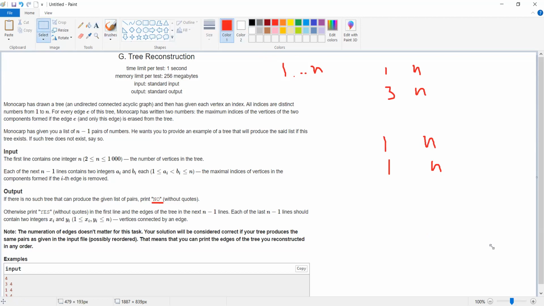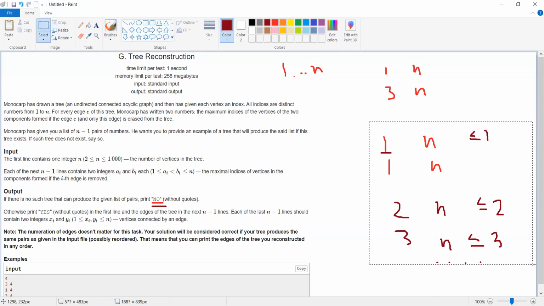It means that each number must appear no more than itself. So 1 must appear not more than once. 2 n must appear no more than twice. 3 n must appear no more than 3 times, etc. It's our second check. So if we don't have this rule followed, we answer no.